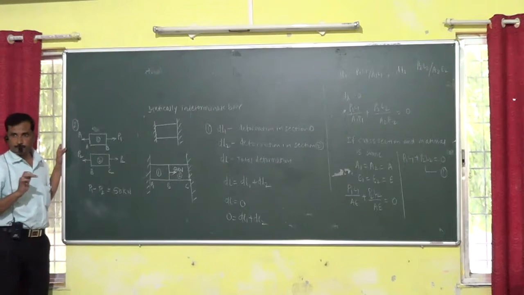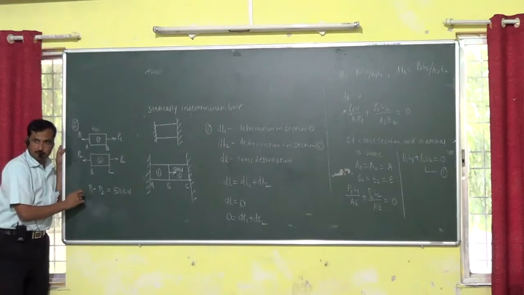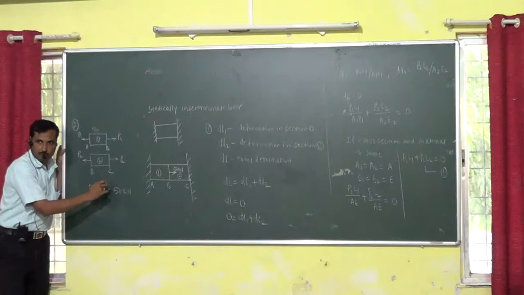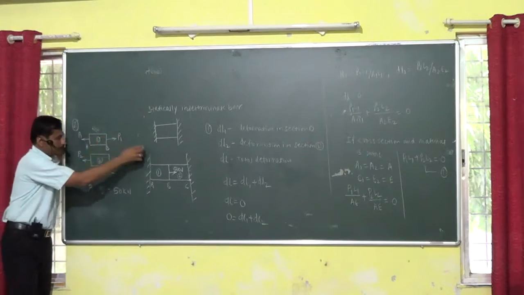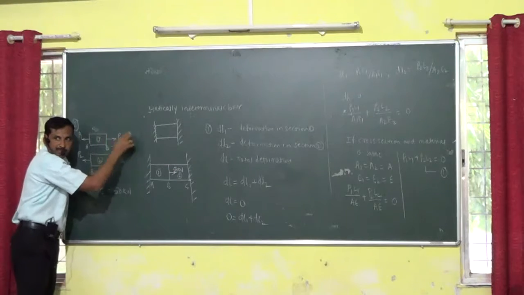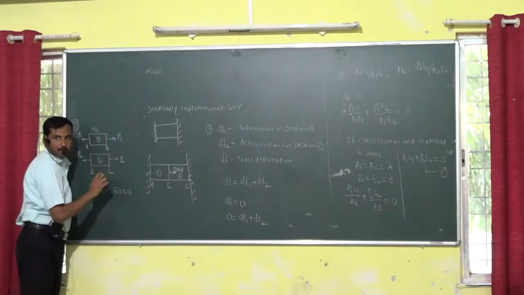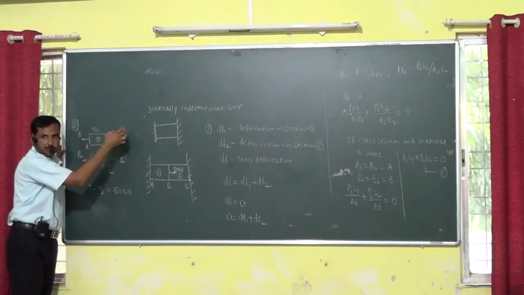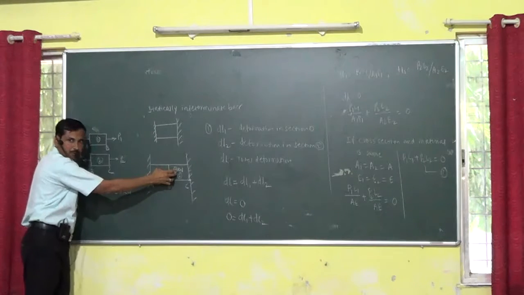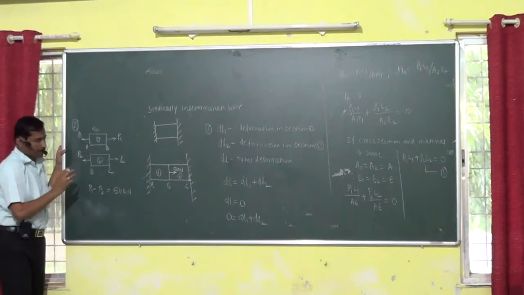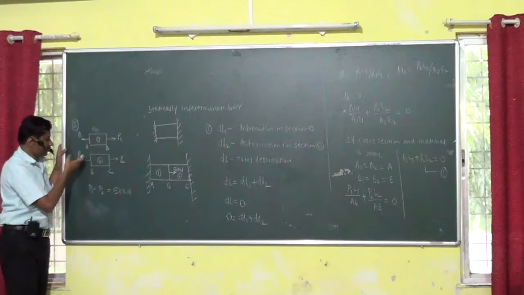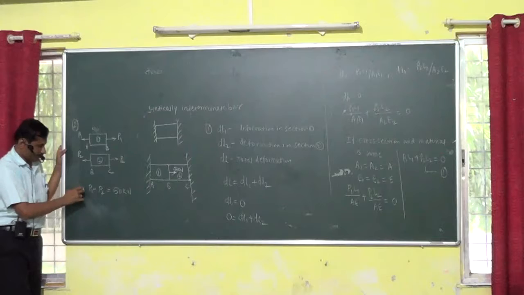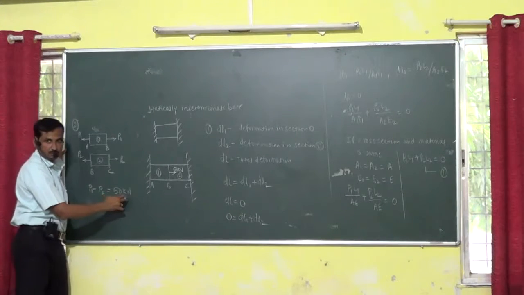But presently we are writing P1 minus P2 is equal to 50 because the direction of P1 and the direction of 50 is the same. Our assumed direction of P1 is toward the right side and the actual direction of 50 is toward the right side. Our assumed direction of P2 is towards the left side. That's why P2 is negative, so P1 minus P2 is equal to 50 kN.